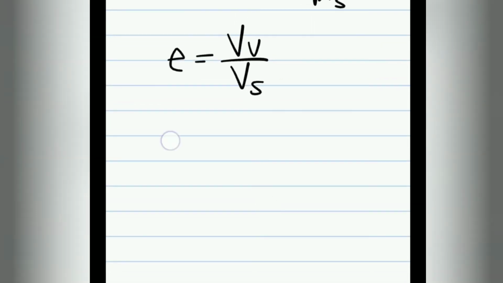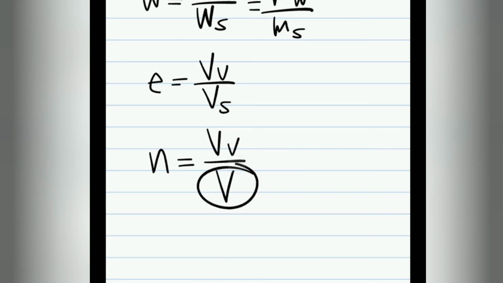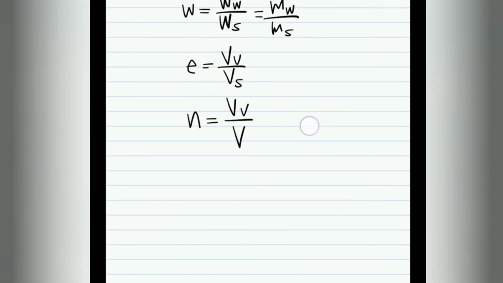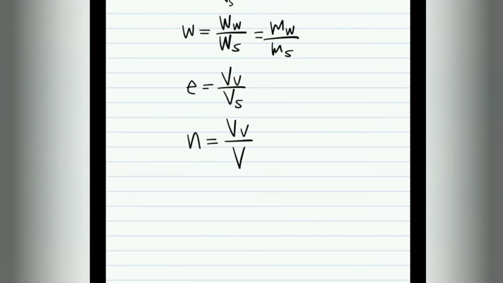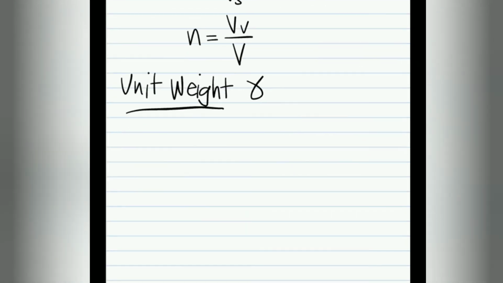Well, for porosity, it's the volume of void in comparison to the overall volume. So, this overall or total volume includes the air, water, and solid phases. Alright, those are the formulas. Now, for the next category, which is the unit weight gamma.